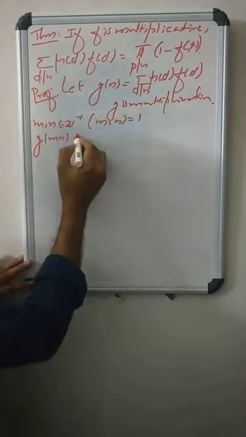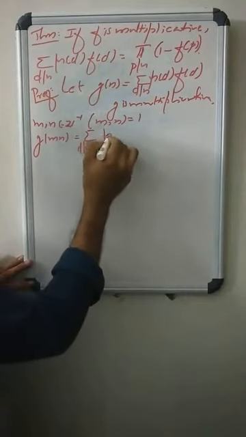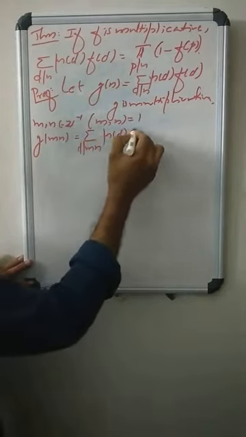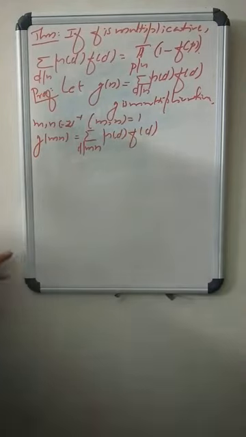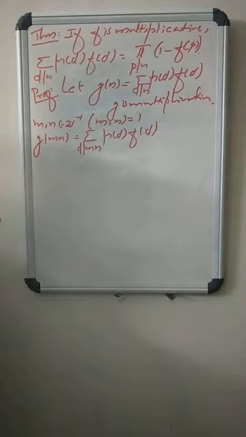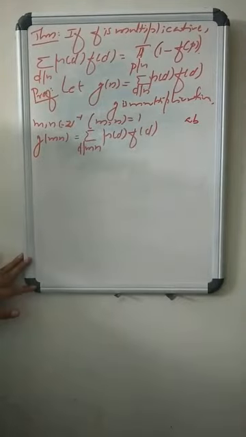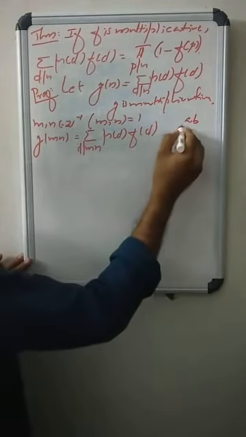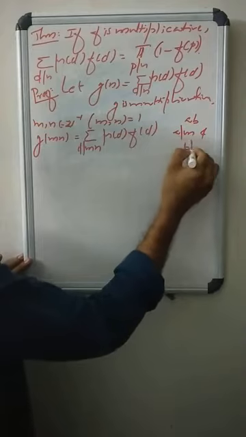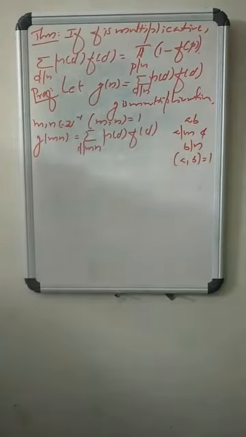According to this construction, it is the sum over d dividing mn of mu of d into f of d. Here the divisor d is of the form ab, such that a divides m and b divides n, with a and b relatively prime.